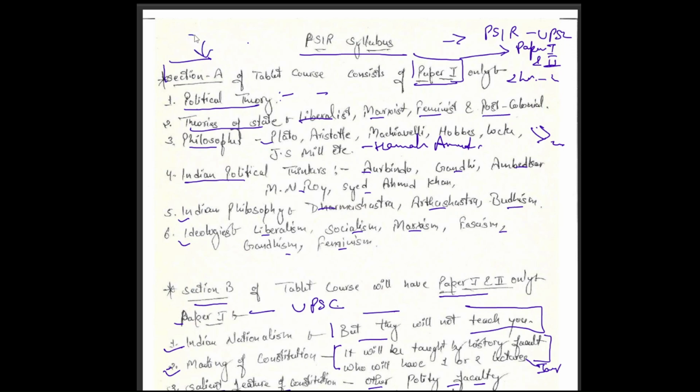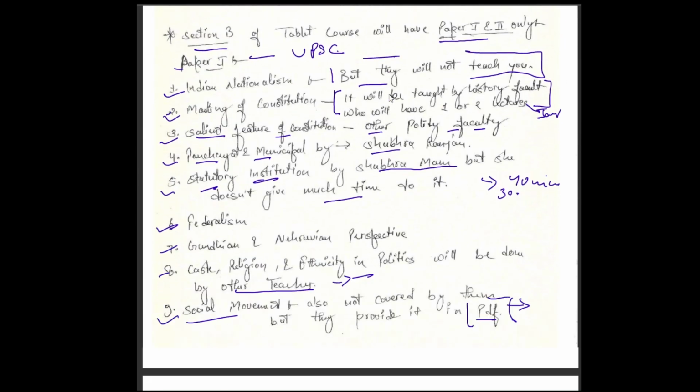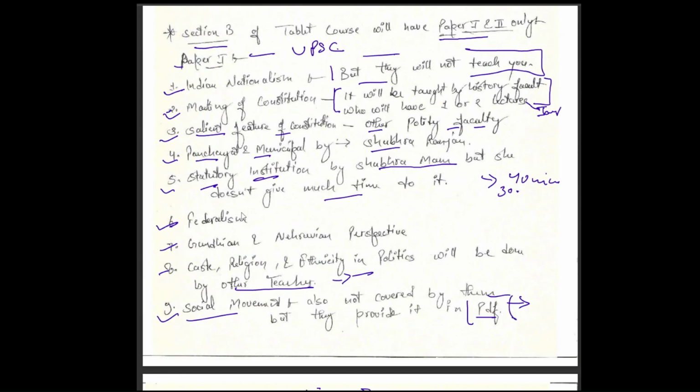You should always focus particularly on section A because this is your base. All the philosophy part is here, and from the philosophy come the various ideas of how casteism, religion and ethnicity have generated, what the values are, and panchayati and municipal, because panchayati municipality shows some socialistic tendency.